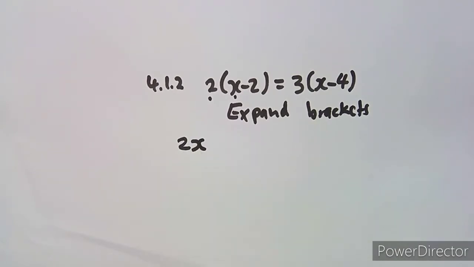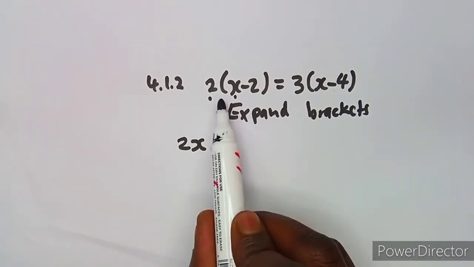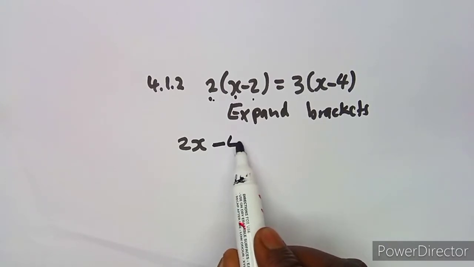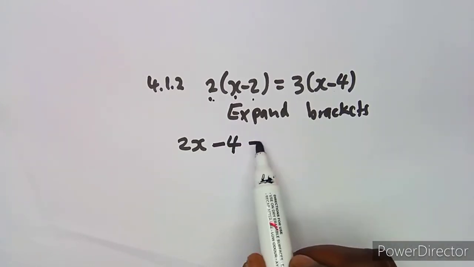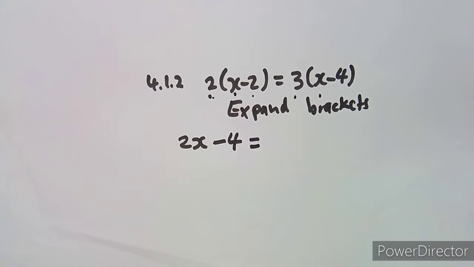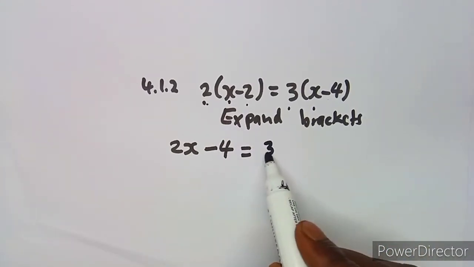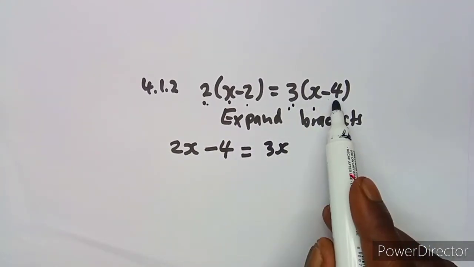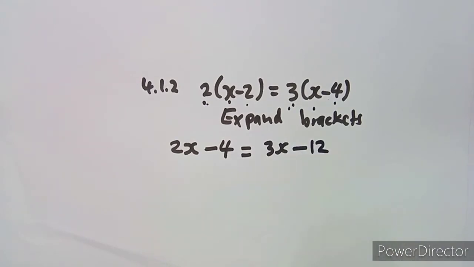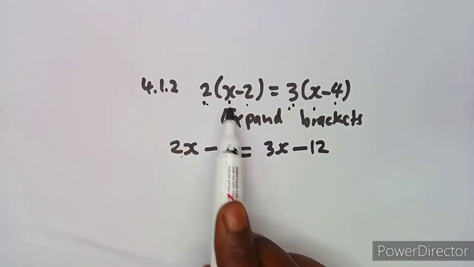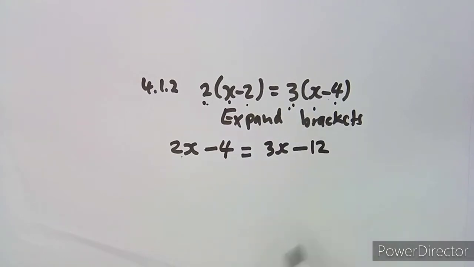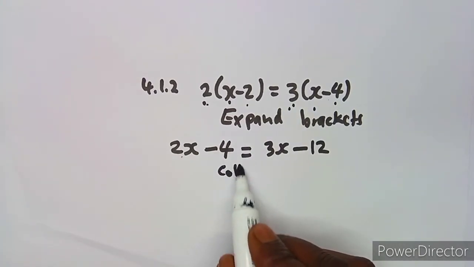That's 2x. 2 times minus 2, that's minus 4, which is equal to 3 times x, which is going to give us 3x. 3 times minus 4, which is minus 12. So you multiply, guys, 2 times x, 2x, 2 times minus 2, 3 times every term. Okay. After that, you have to collect like terms.